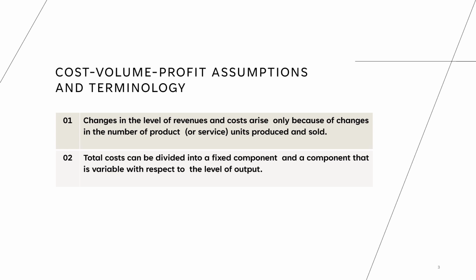So as you know, the fixed component, fixed costs, are expenses that remain constant regardless of the level of production or output. These costs do not change with the number of products or services produced, like rent, salary of permanent employees, insurance premium, for instance. And then the variable component.